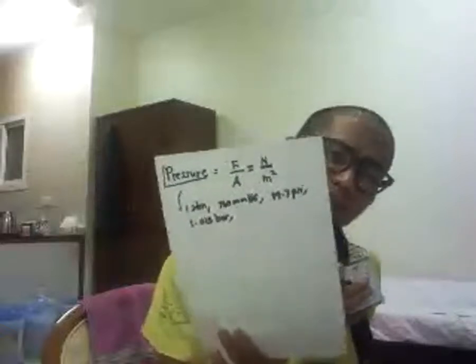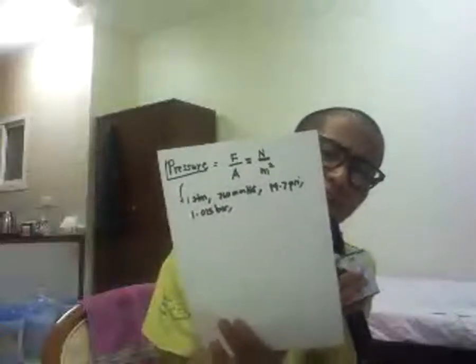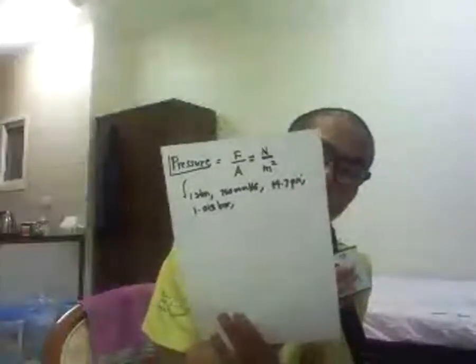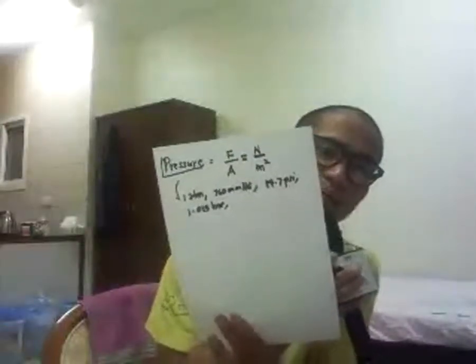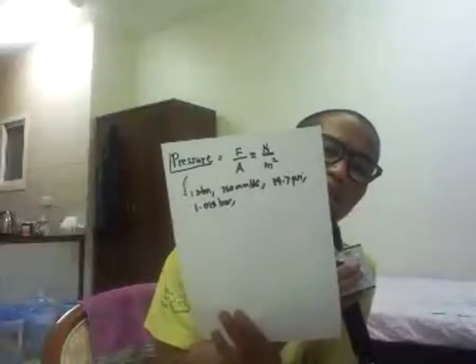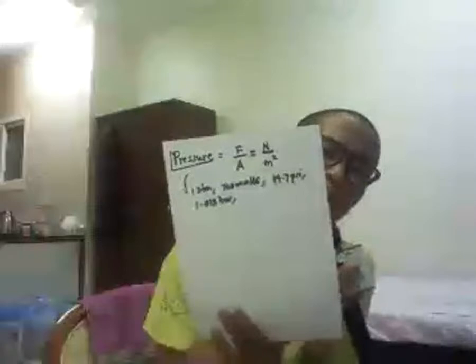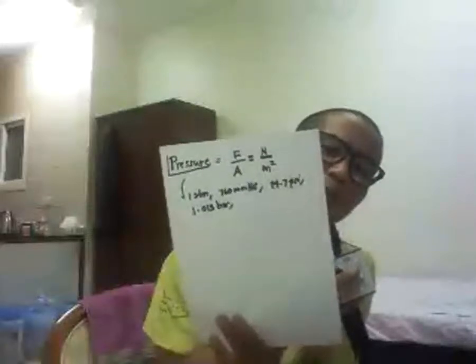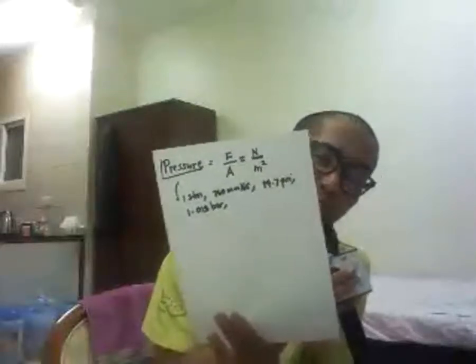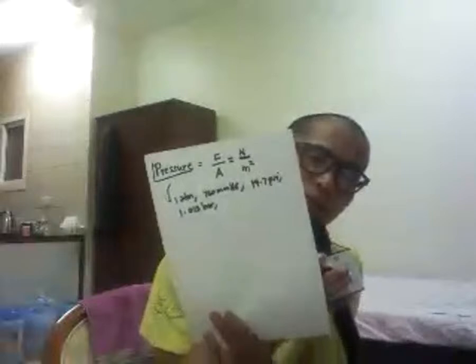That's the main reason. But to be precise and technically correct, just memorize the decimal. So 1 atmosphere is equal to 1.013 bar, not 1 bar. But it's up to you if you use 1 bar.